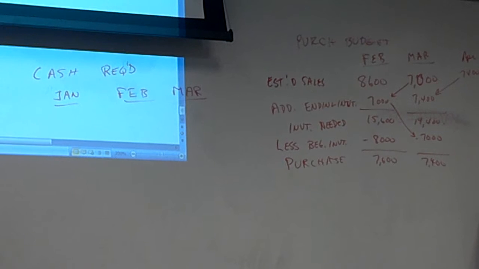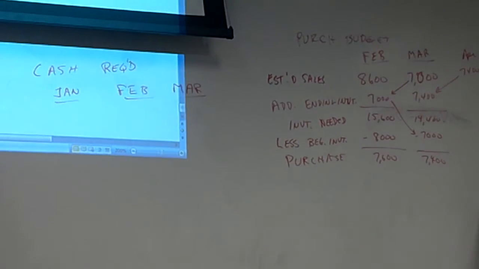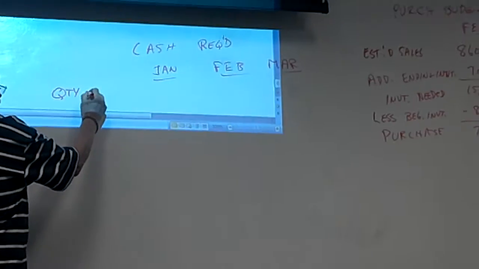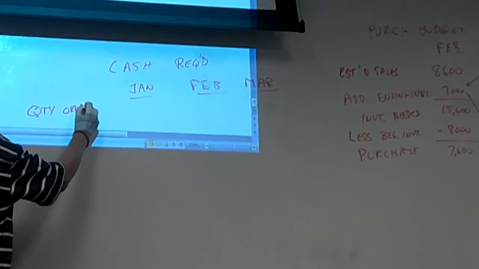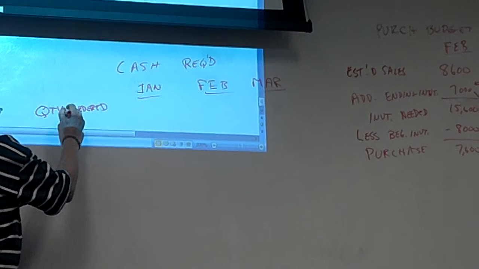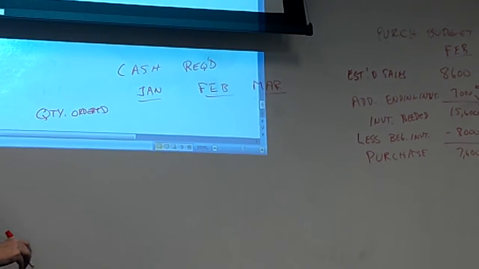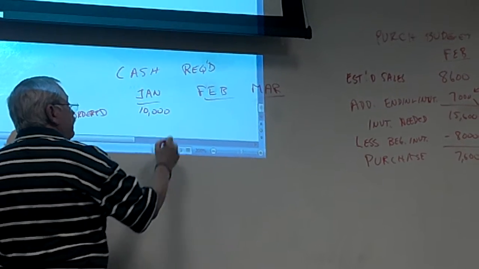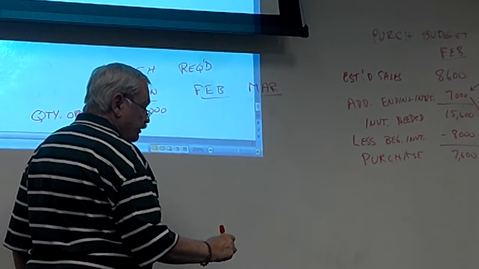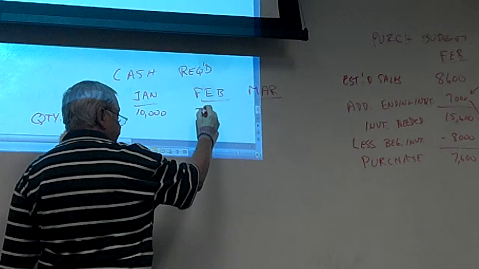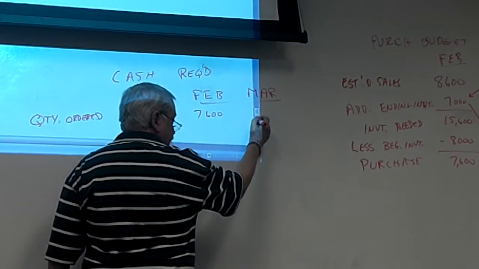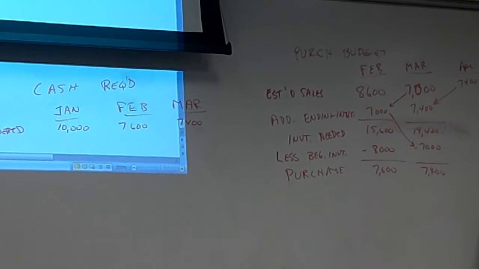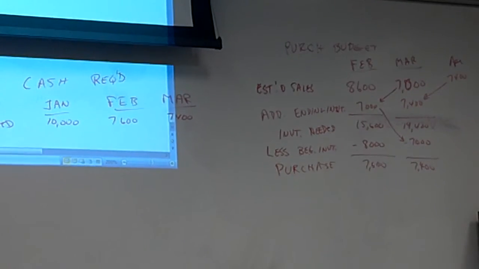Okay, so let's talk about the quantity ordered in January. You did 10,000. In February, you did 76. And in March, you did 74. Right? That's just quantity.